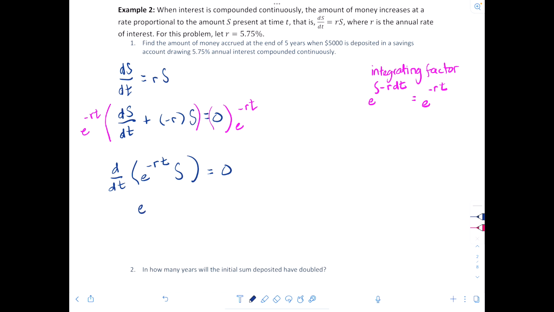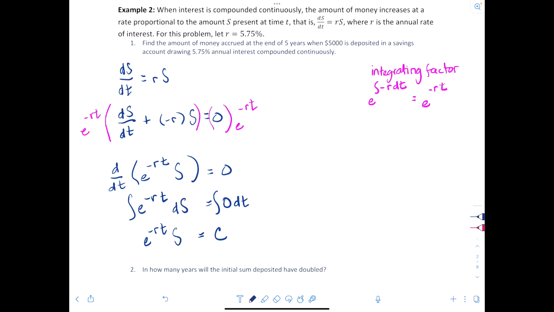And then rewriting so that we can integrate, we will have the integral of the derivative of e to the negative rt times s equal to the integral of 0 dt. And so we'll have e to the negative rt times s is equal to our constant of integration. Good so far?